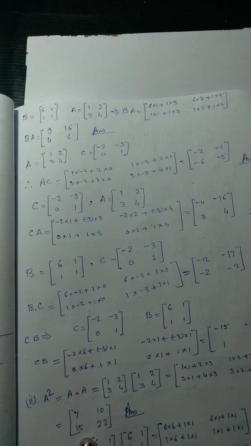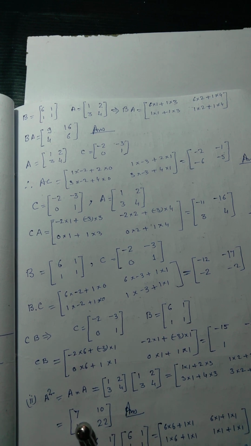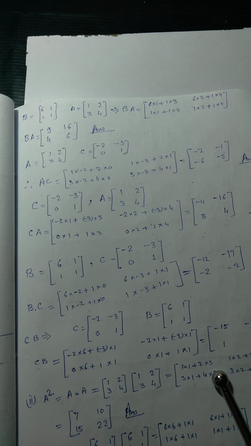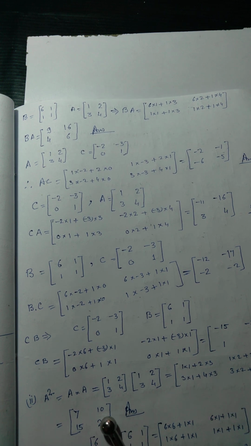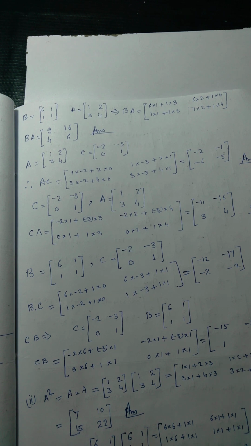So ultimately while you solve it you will get 7. You see 3 plus 4 is 7, and 4 into 2 plus 8 plus 2, that is 10.